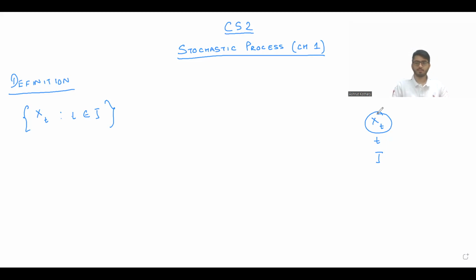Within brackets, capital S. That is, we denote the state space by capital S. Full stop. The values in the set J is called the time set of the process.